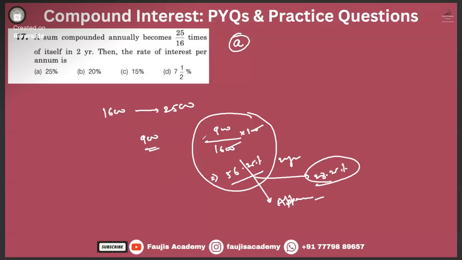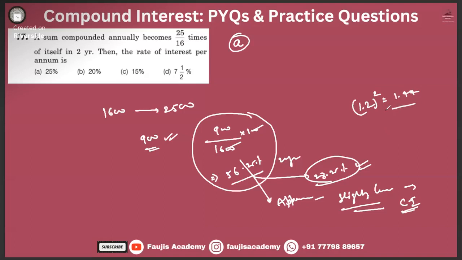But we know that the rate of interest will be slightly lower than this, because it is compounding. So the effective rate of interest has to be less than this, but it cannot be as low as 20%, because 1.2 square is 1.44.